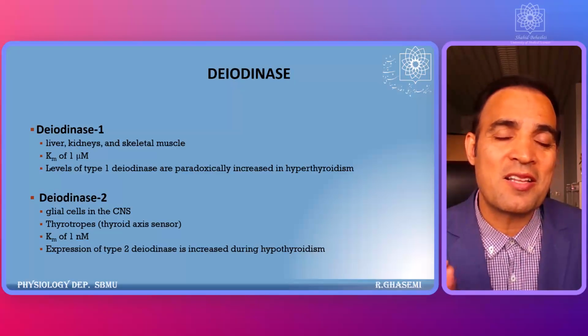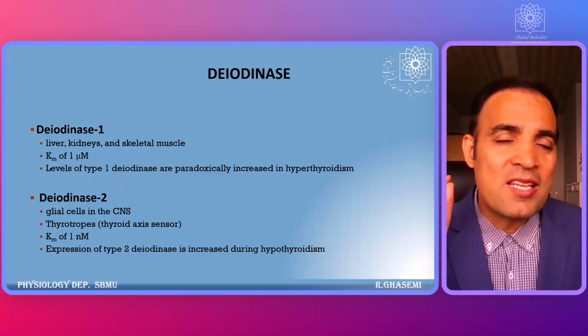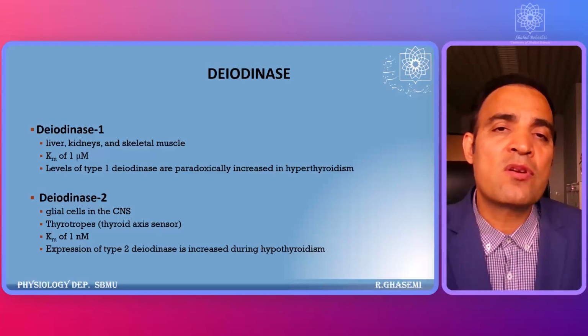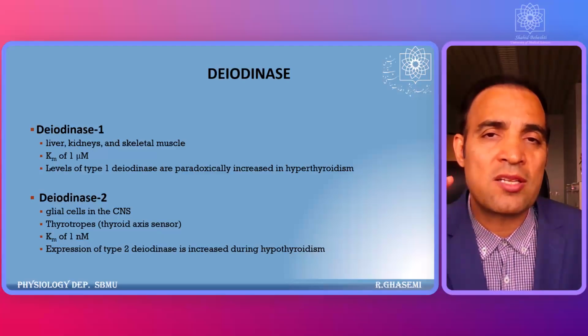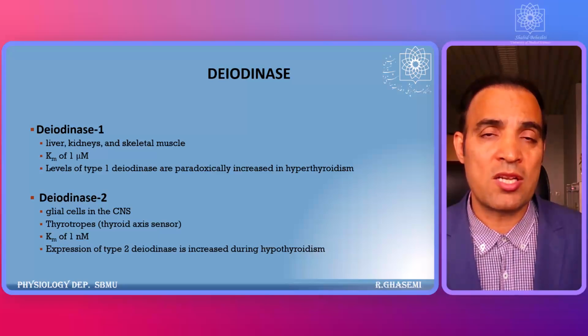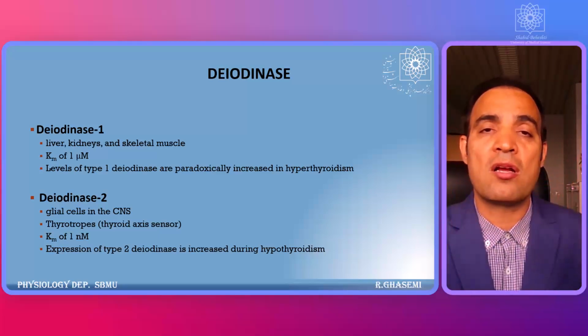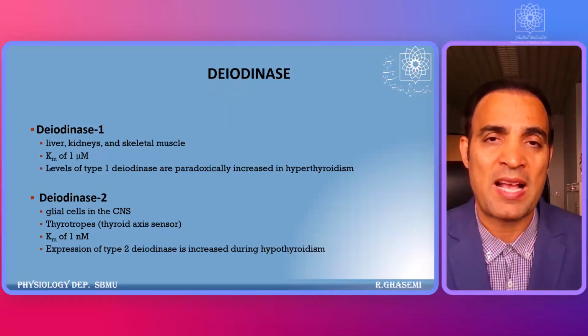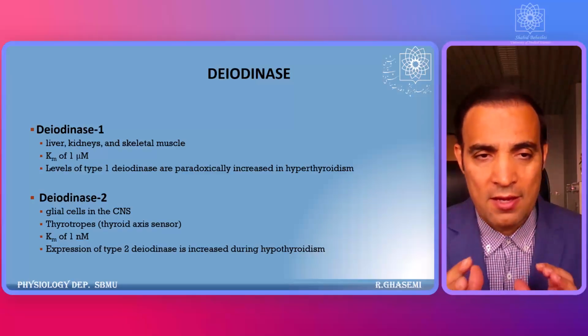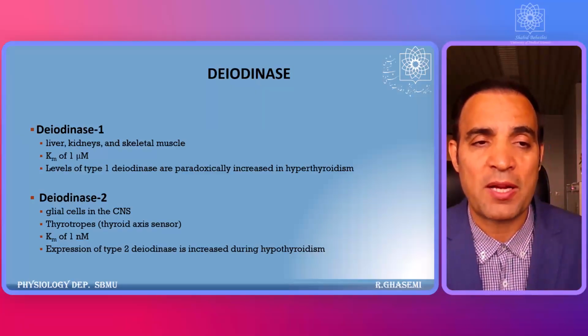Therefore, when T4 reaches the pituitary gland, it will be converted into T3, and T3 is stronger and able to inhibit this pathway, in negative feedback.